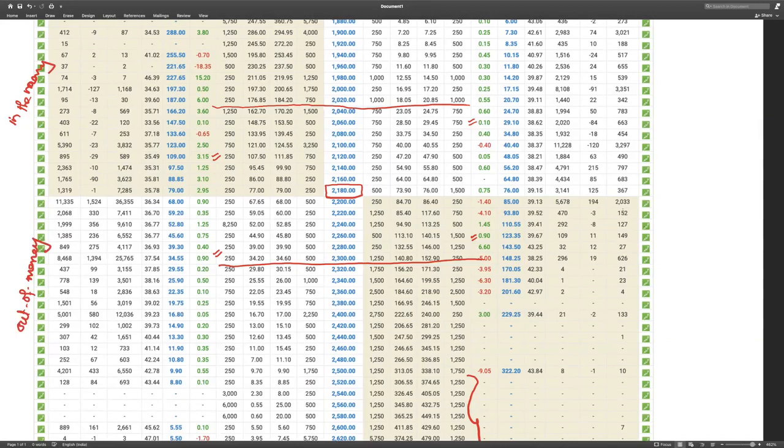Similarly here on the put side, these all are in the money put options, and all these are out of the money put options.